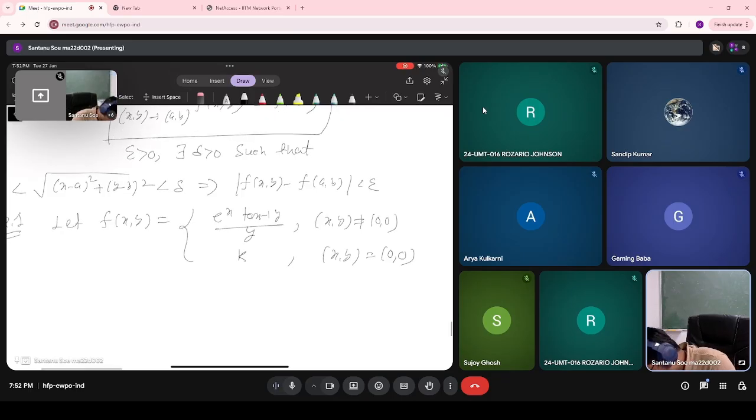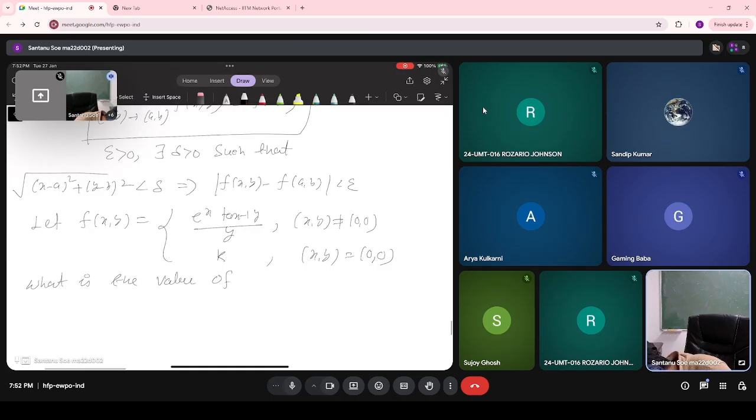Okay, so now they are asking the question, what is the value of k if f is continuous at 0 comma 0.